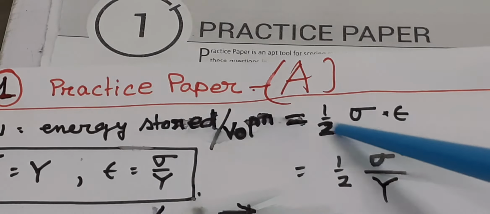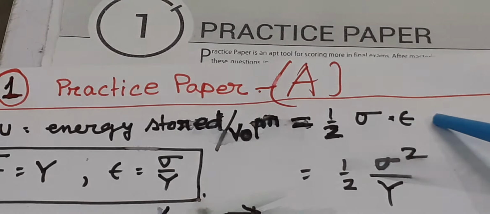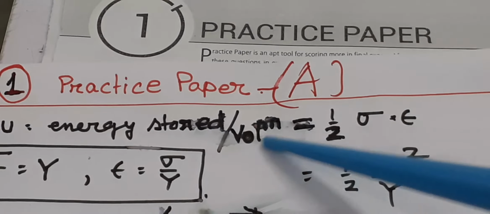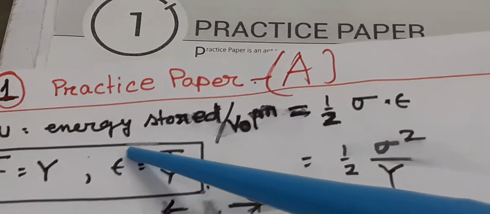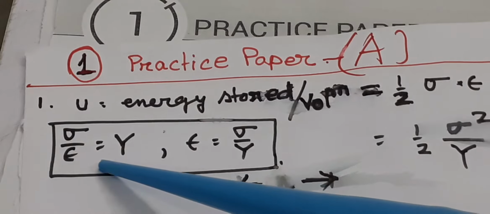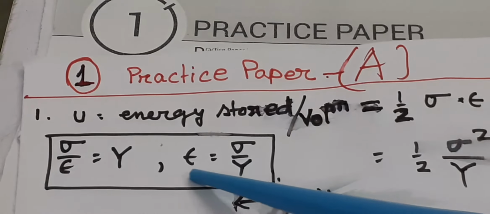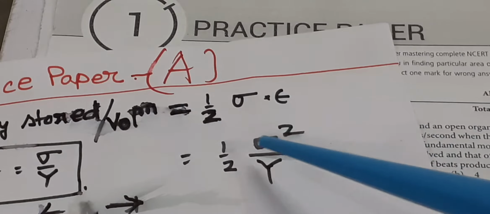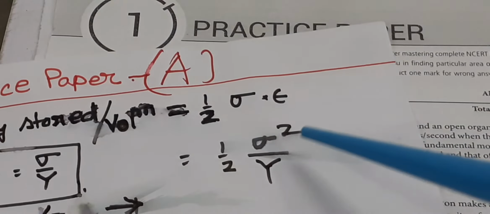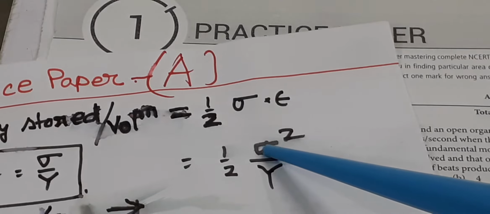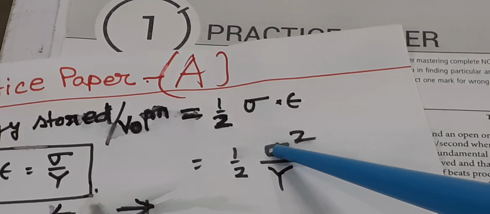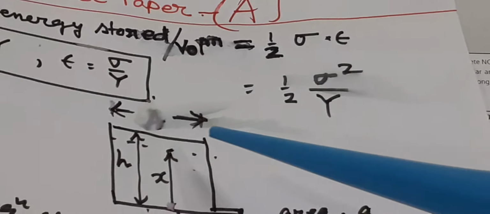You can see here sigma into epsilon. Now we know stress by strain is the definition of Young modulus. From here epsilon will be sigma by Y. If we substitute here, half sigma square by Y will come. Here sigma means longitudinal stress, and that is the answer.